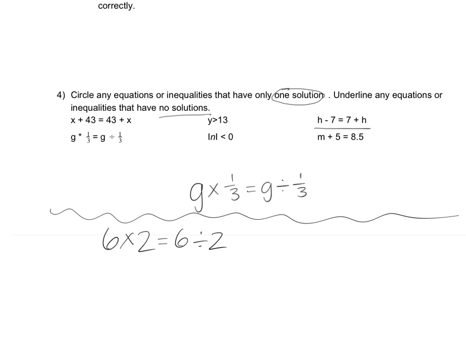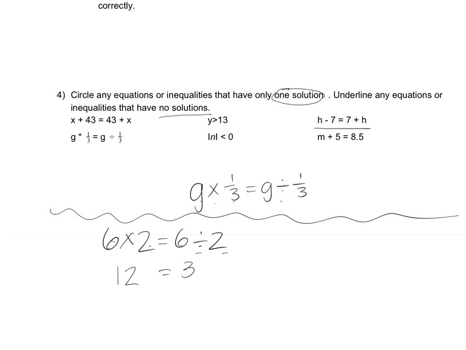So here, just like above, I have multiply and divide, multiply and divide. So this side, 6 times 2, that would equal 12. The other side, 6 divided by 2, 3.